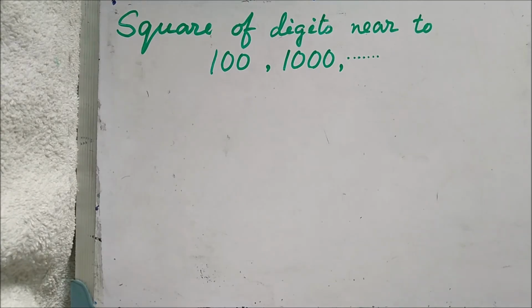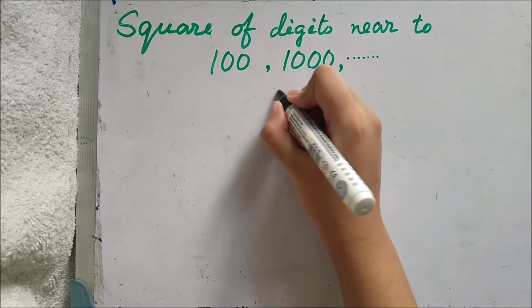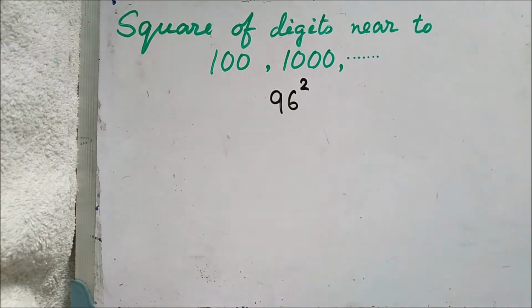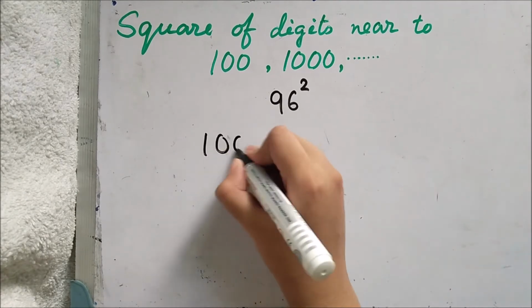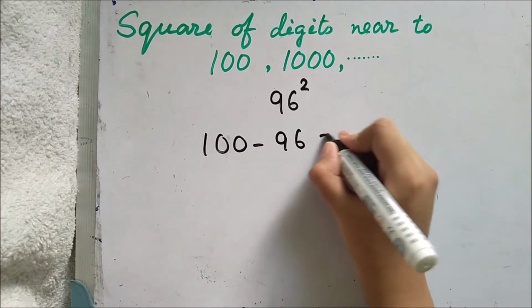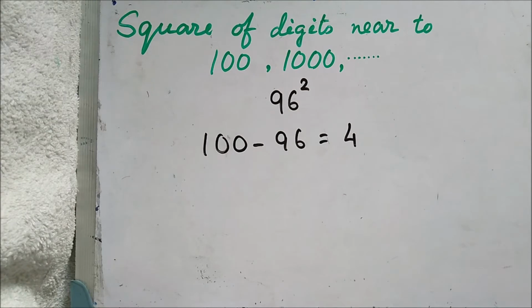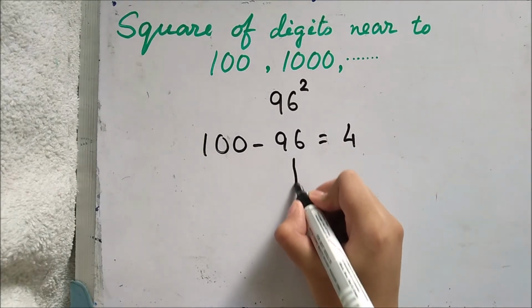Let us take another example, 96. So our first step will be 100 minus 96, that's equal to 4. As I said before, this square will be done in two different parts.